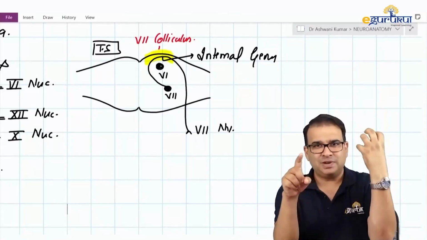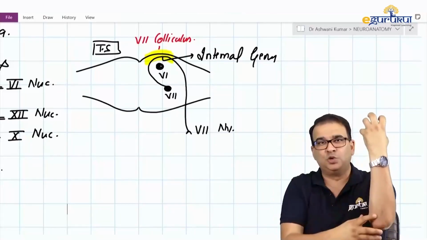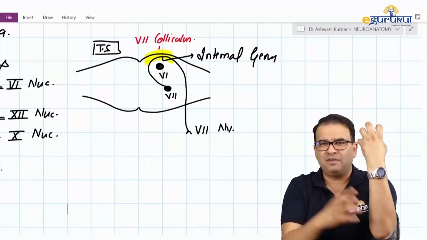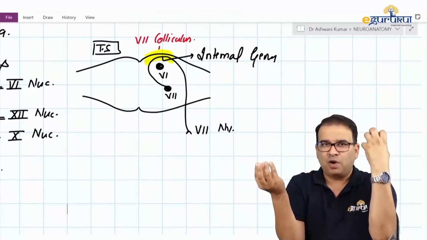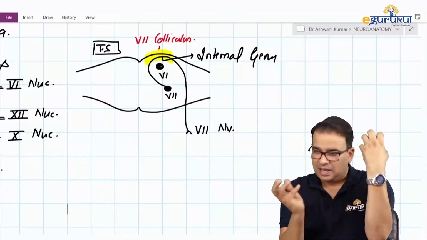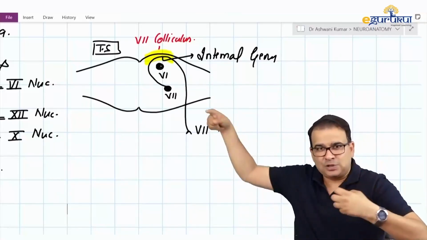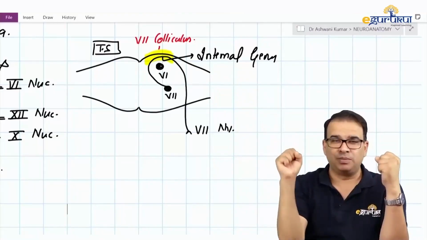Out of the trigeminal and facial nuclei, the trigeminal nucleus is huge, but the facial nucleus in the pons is a smaller nucleus. So developmentally, the facial nucleus migrates towards the trigeminal nucleus, and during this migration it winds around the abducens nucleus. That's why the internal genu is formed.